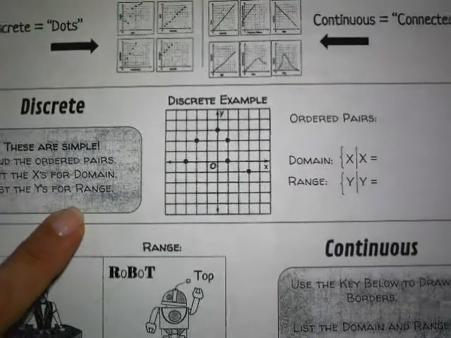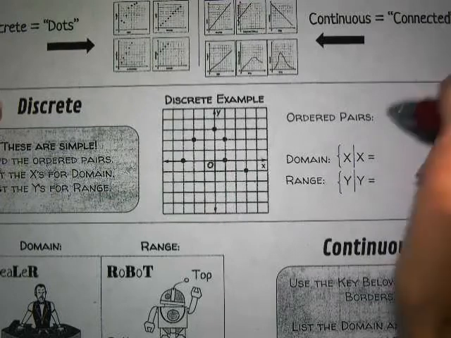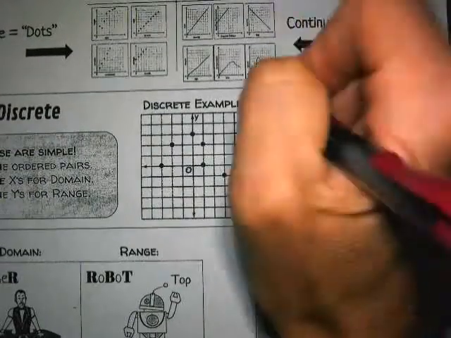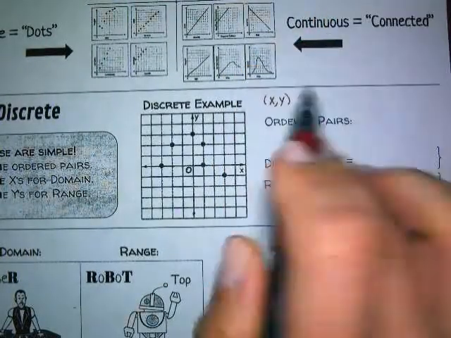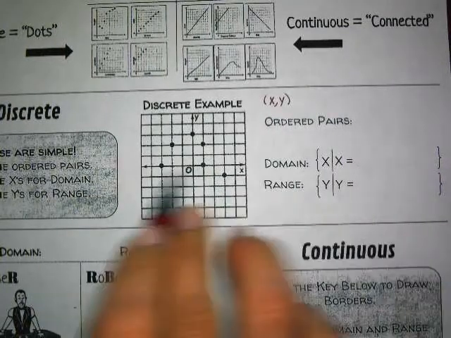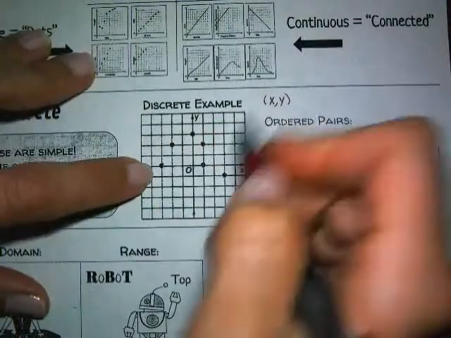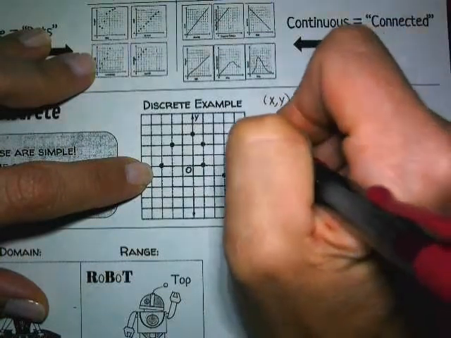This is discrete. I find the easiest way to do this is to list the ordered pairs first. So real quick, let's remember that when we list ordered pairs, we list the x first and the y second. So we read this point here, for example, is the point 1, 2. -3, 0.